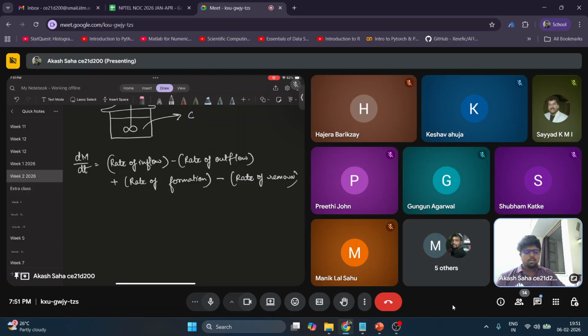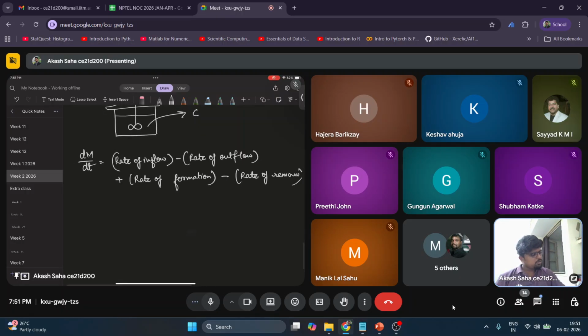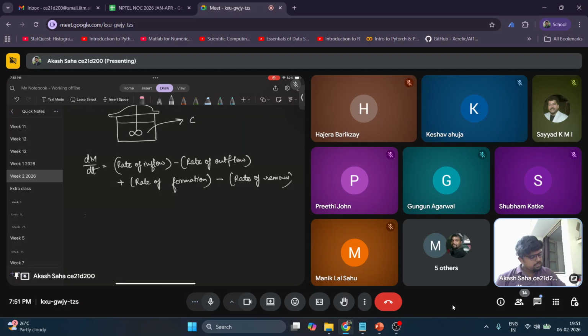Now dm/dt, we can also write as d(VC)/dt. Why VC? Mass I am writing as volume into concentration. Concentration is also milligram per liter, so volume by time is more or less the same. Since the volume is constant for a particular reactor, we can take it out and write V dC/dt.